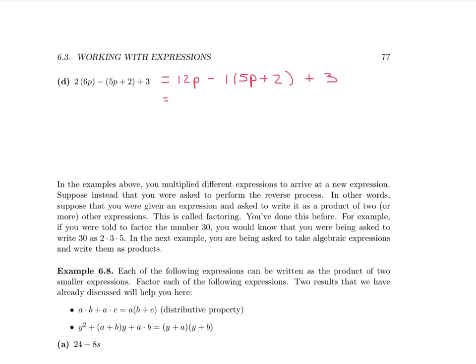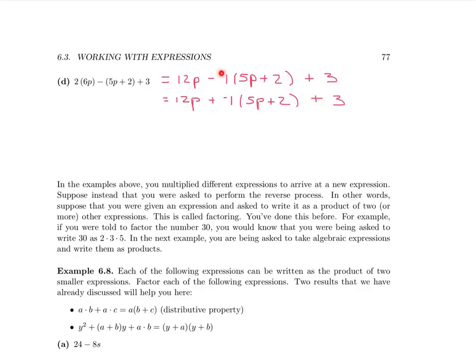Now you may wonder why I added the 1 in that one place. Well, it's because at this next step, when I change this subtraction to addition, I'm going to take my negative and I'm going to attach it to the 1. So I have 5p plus 2 still, and then plus 3.